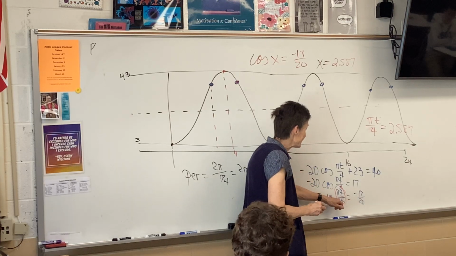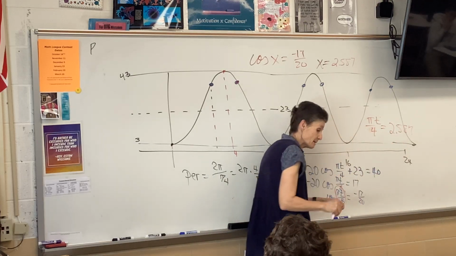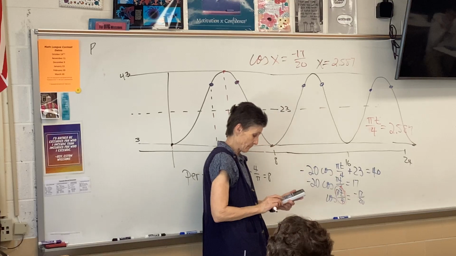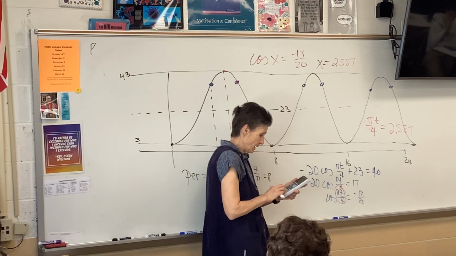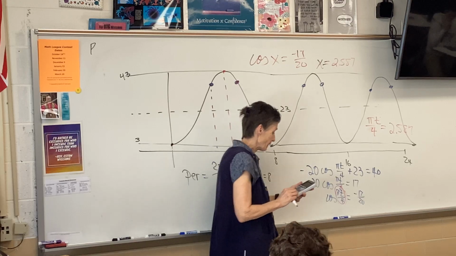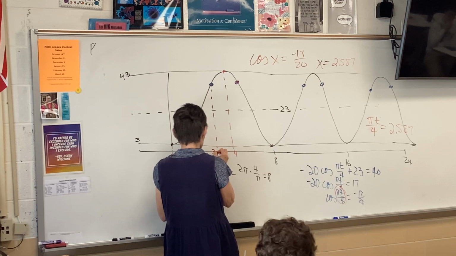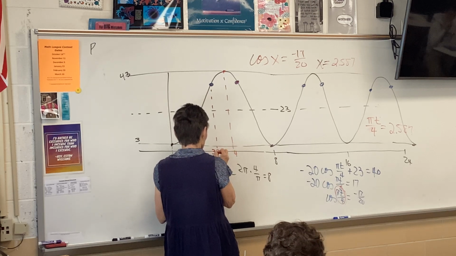So I have to figure out what T is. So I'm going to take this guy, multiply him by 4 and divide by pi. And my T is actually 3.294. That's better.